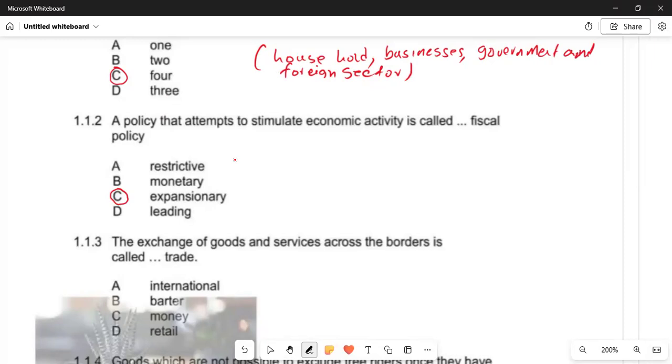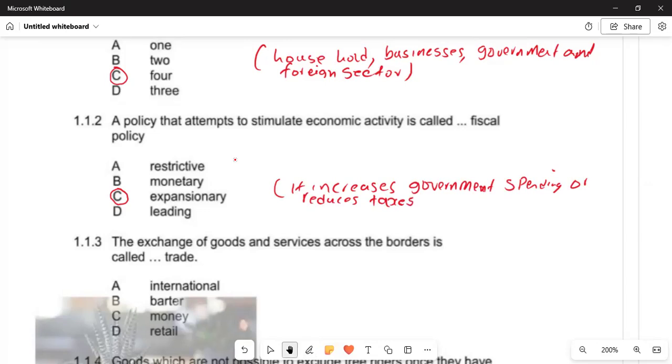It is expansionary because it increases government spending and/or reduces taxes to boost demand and economic growth. So the correct answer is expansionary.